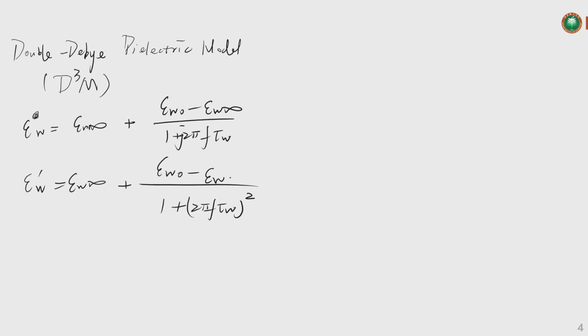But here, because we have two Debye terms, we first took the first relaxation frequency. So this is the first relaxation frequency and the first relaxation time, plus the second relaxation time, tau w2 squared, and this part is epsilon w0 minus epsilon w infinity here. So this is single, okay?